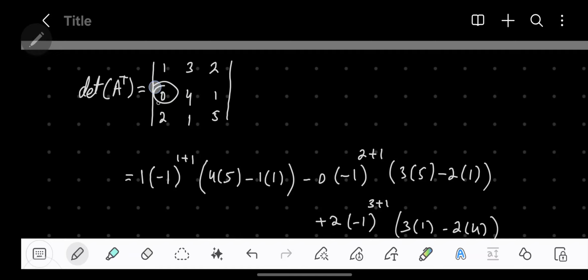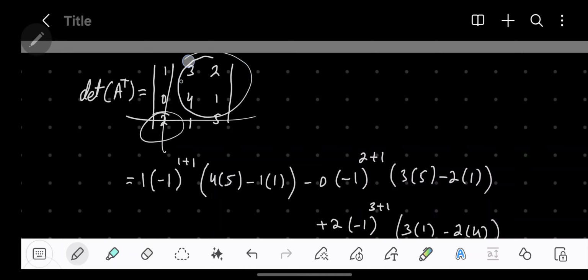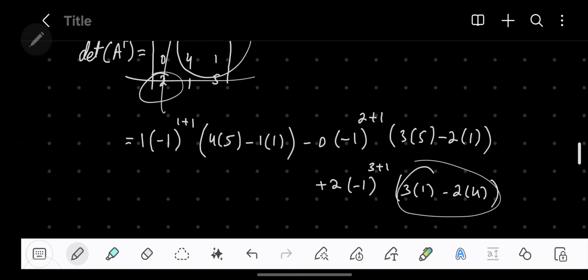For this 0, I will skip this row and column and write the determinant of the submatrix, which is 3, 2, 1, 5, which is 3 times 5 minus 2 times 1. Similarly, for the last entry, I will skip this row and column. This is left. I will write the determinant of this, which is here.